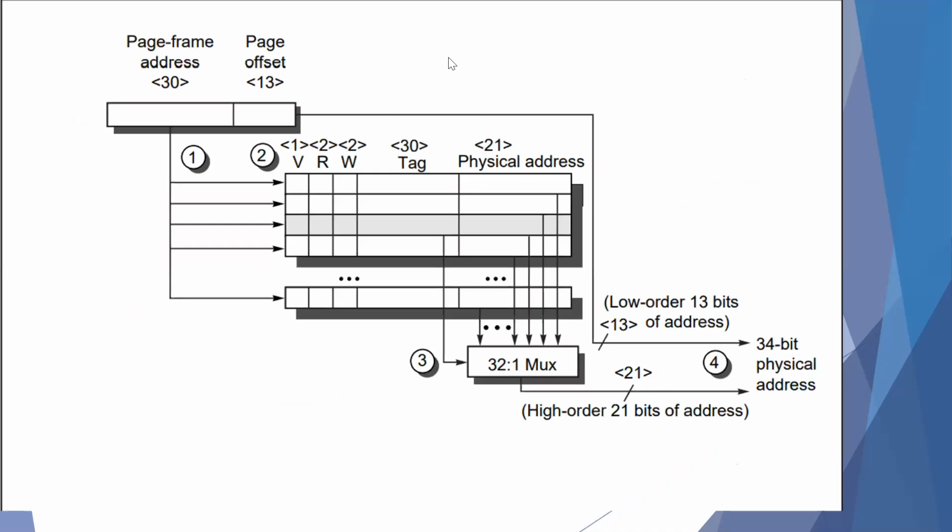Now see how a translation look aside buffer operates. So we have this virtual address, and it comes from the processor, gets broken into two parts: log base 2 of the page size as the page offset, and the remaining as the page frame number or virtual page number, right?